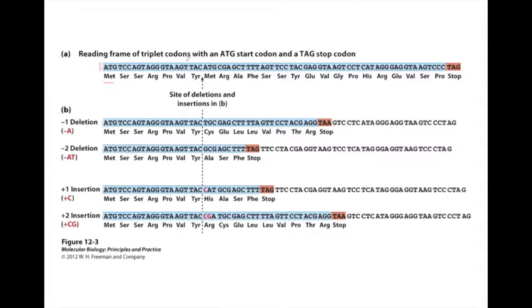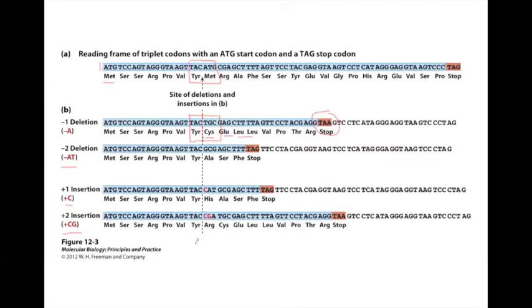So let's look here. We have a TAC-ATG leading to a tyrosine methionine, whereas the deletion of an A base pair maintains the tyrosine, but now we have a cysteine followed by a glutamate, leucine, leucine, and so on, until we see a premature stop codon. So a frame shift mutation, and here we have a 2 base pair deletion, 1 base pair insertion, 2 base pair insertion.